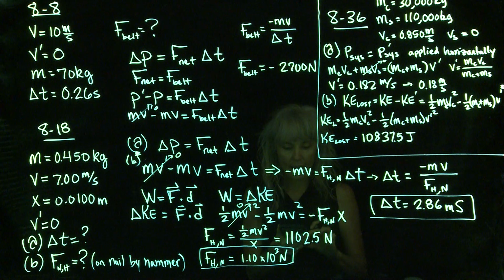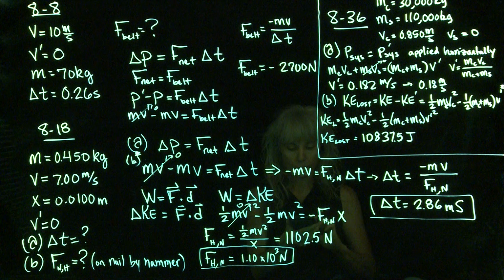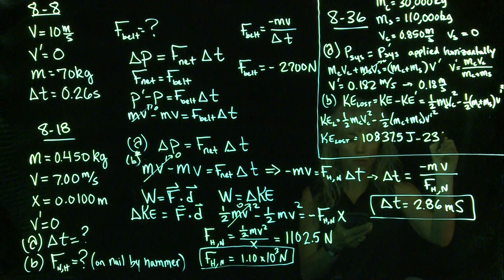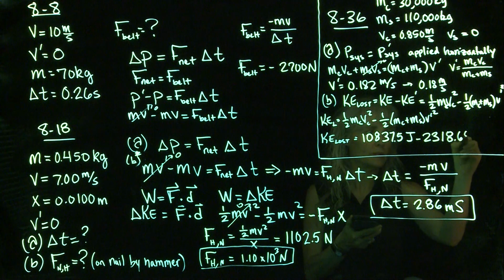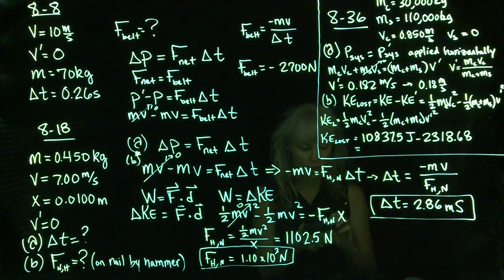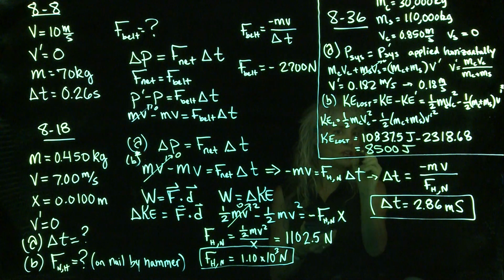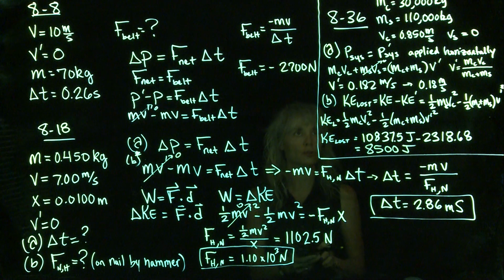So that's the initial kinetic energy that was all in the car to begin with. And now what do we have after the collision with the coal? Plugging in those quantities we already have, this is going to be minus 2318.68. And so the amount that's lost is significant, and it is 8,500 joules, rounding to 2 figs, which this problem is a 2 fig problem.